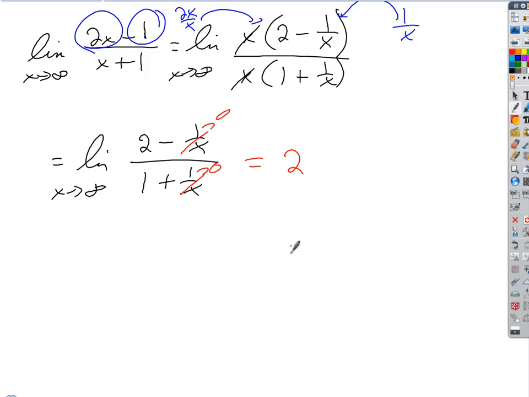If we're trying to solve a problem like x squared minus x equals 0, I can't just divide both sides by x, right? Because if I do that, I'm going to lose a solution. You see what I'm saying?